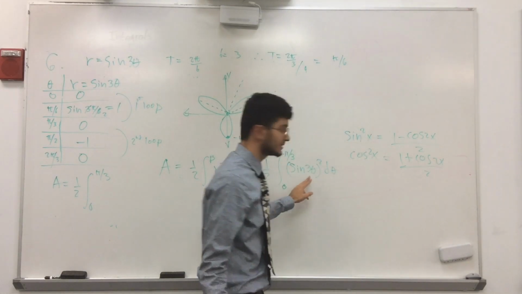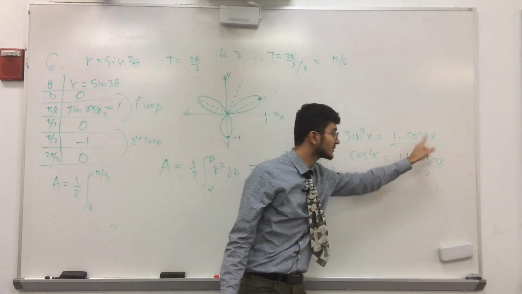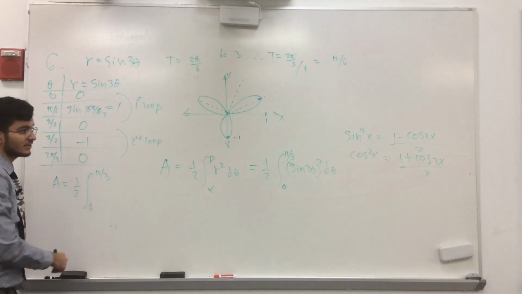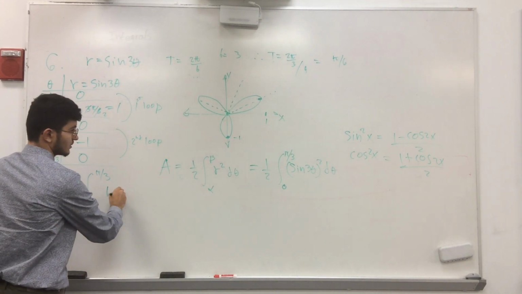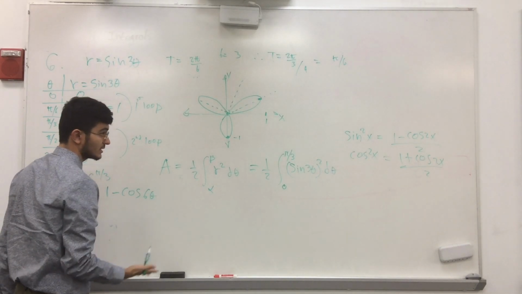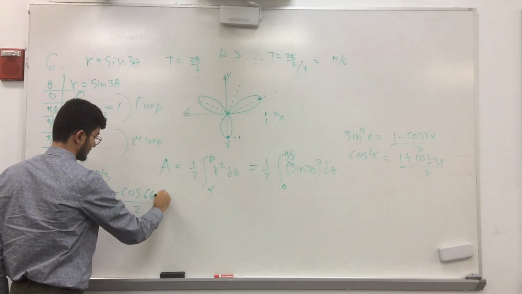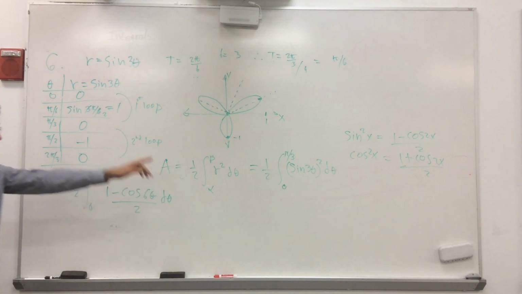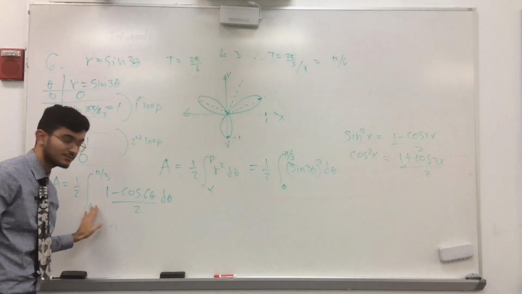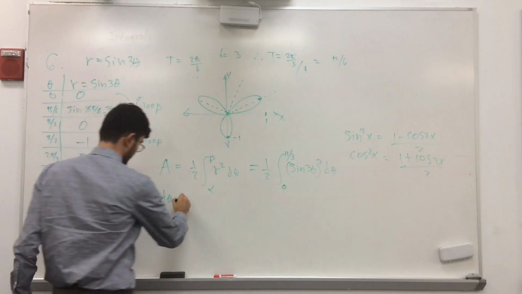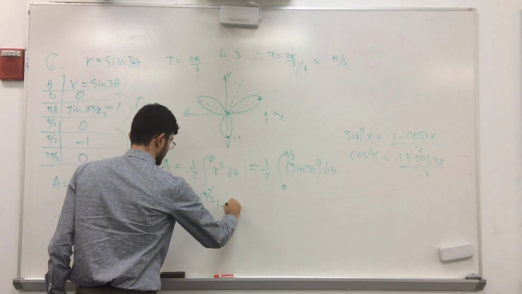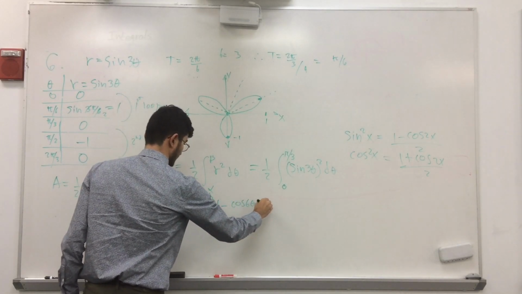If x in this case is 3 theta, all we have to do is multiply by 2 inside the cosine. So this is 1 minus cosine of 2 times 3 theta, which is 6 theta, divided by 2, d theta, using that trig identity. Now we can take out the half and multiply by 1/2, which is 1/4. So it's 1/4 integral from 0 to pi over 3 of 1 minus cosine of 6 theta d theta.